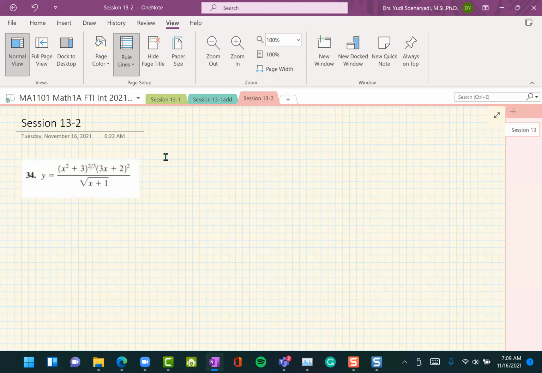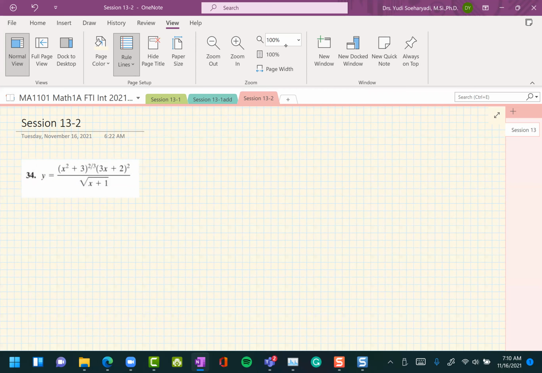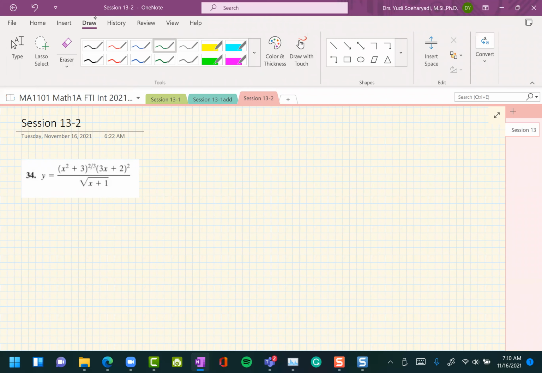Not really difficult because we know we have to use the product rule, and there are quotient rules inside. But the thing that makes this complicated is that there are multiple of those. So this is what we called earlier logarithmic differentiation.